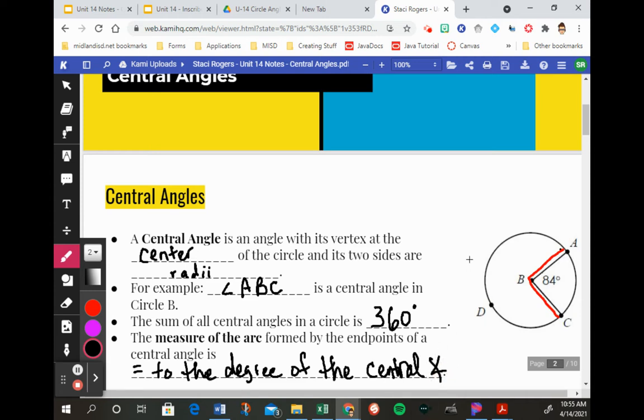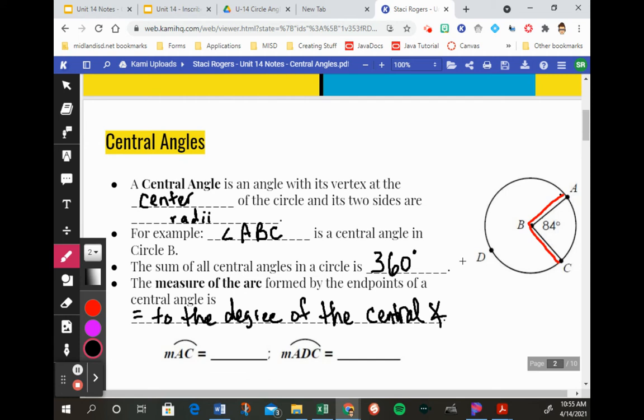Okay, so if we were to look at this one, measure of AC, I'm going to go in purple. AC right here would be 84. The measure of ADC, this big one, we'd have to subtract from 360.